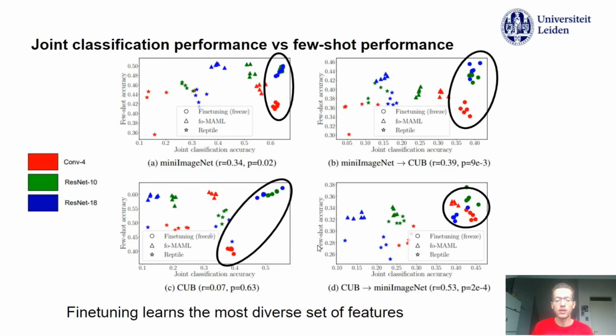Moreover, we see that fine-tuning learns the most diverse set of features, meaning it has the highest joint classification accuracy in all of the settings. However, I have to add that this does not necessarily correlate to achieving better few-shot learning accuracy.